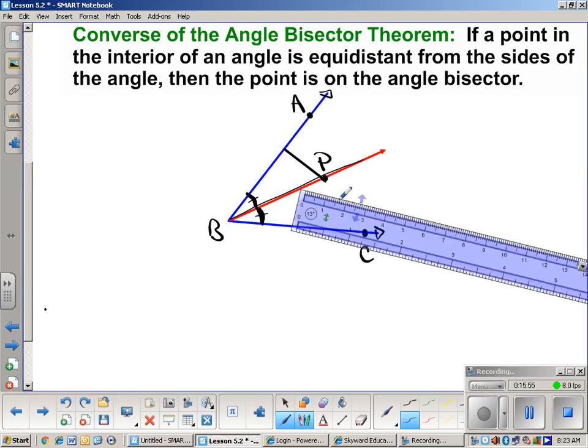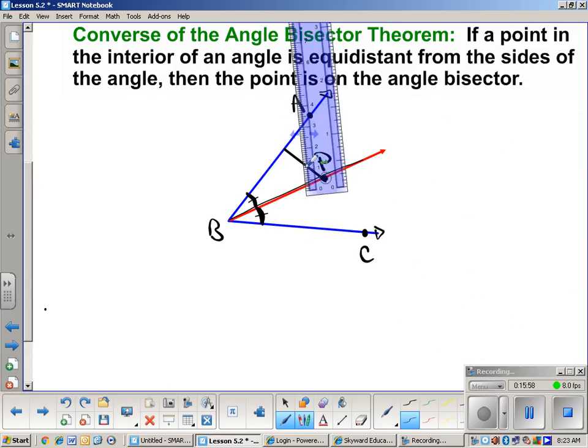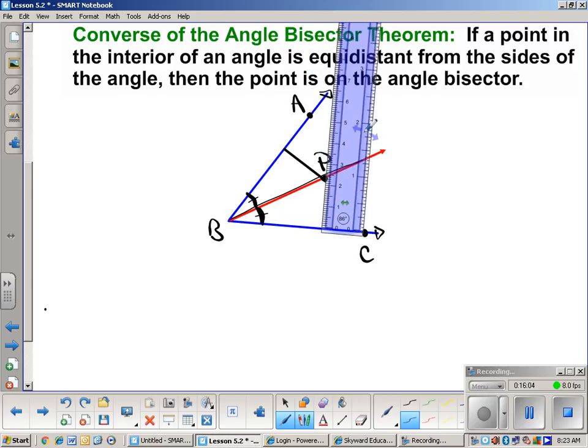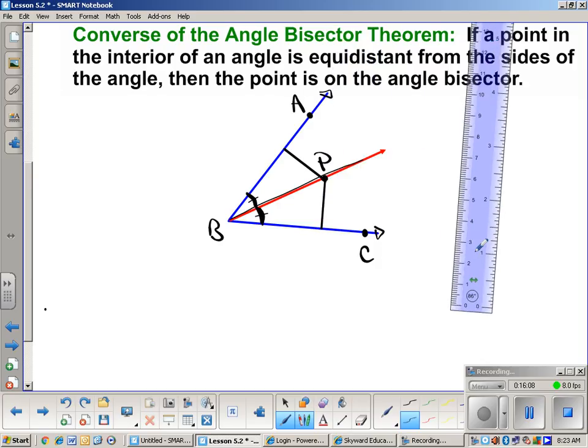So when I do the same thing over here, I get that. And what this is saying is that this distance is going to equal this distance, okay? So if I mark those points M and N, then we're saying that MP is equal to NP.